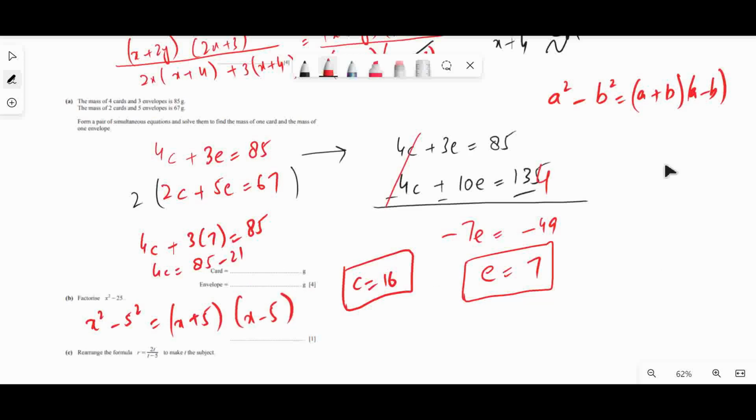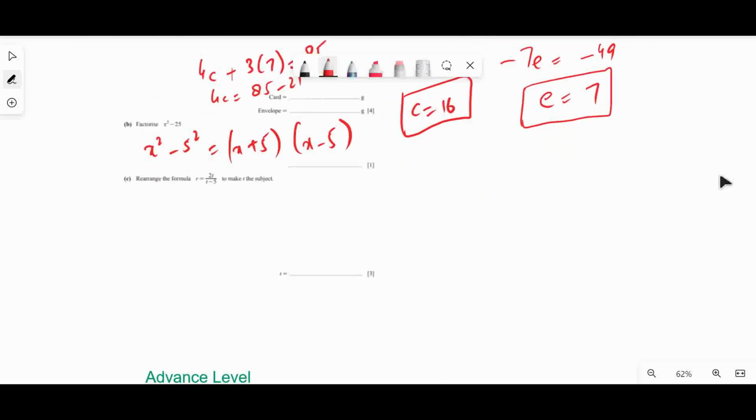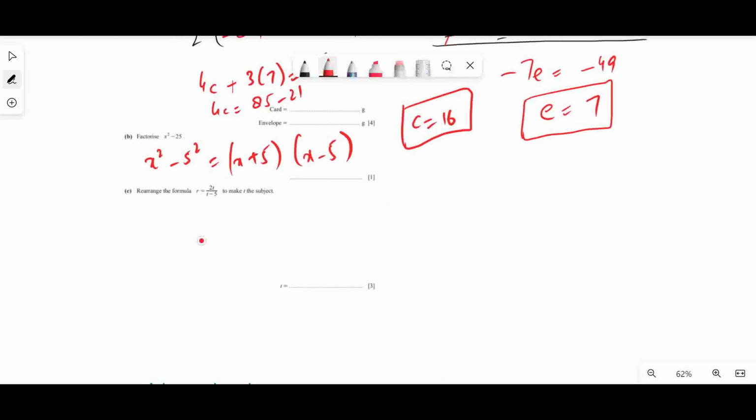Let's move to part C. In this one, we need to rearrange the formula, and we need to make t the subject. So this will be r into t minus 5 is equal to 2t. Now this will be rt minus 5r is equal to 2t.